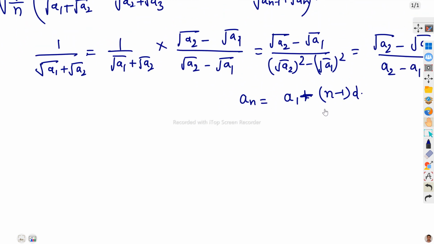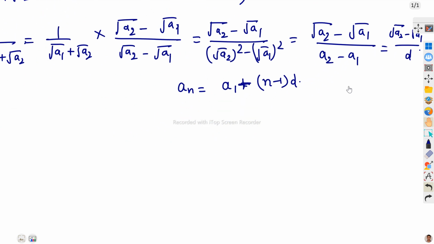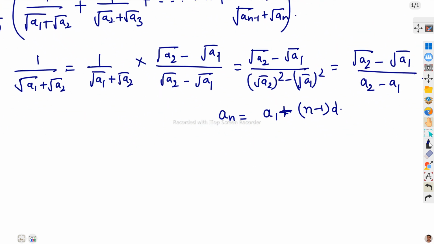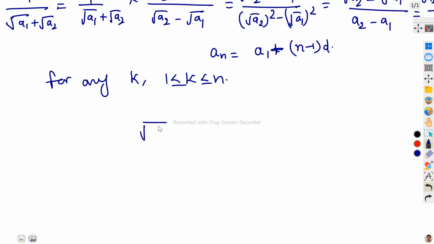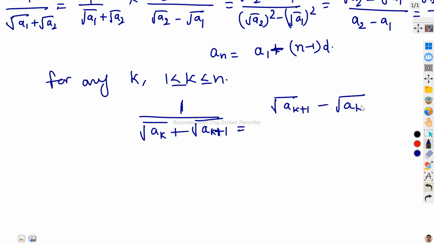Similarly, for any k lying between 1 and n, we have the formula that 1 upon square root of ak plus square root of ak plus 1 is equal to square root ak plus 1 minus square root of ak upon, sorry, this is d.